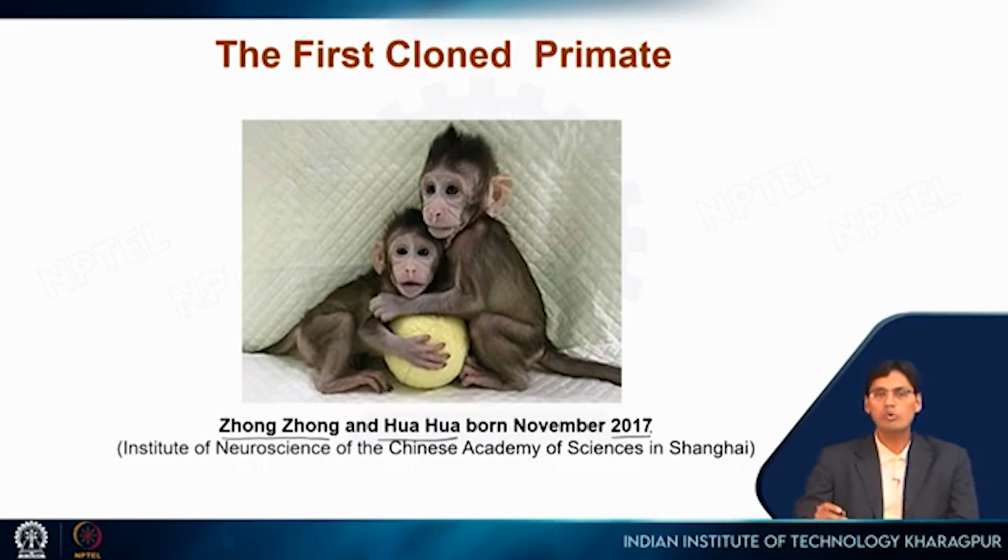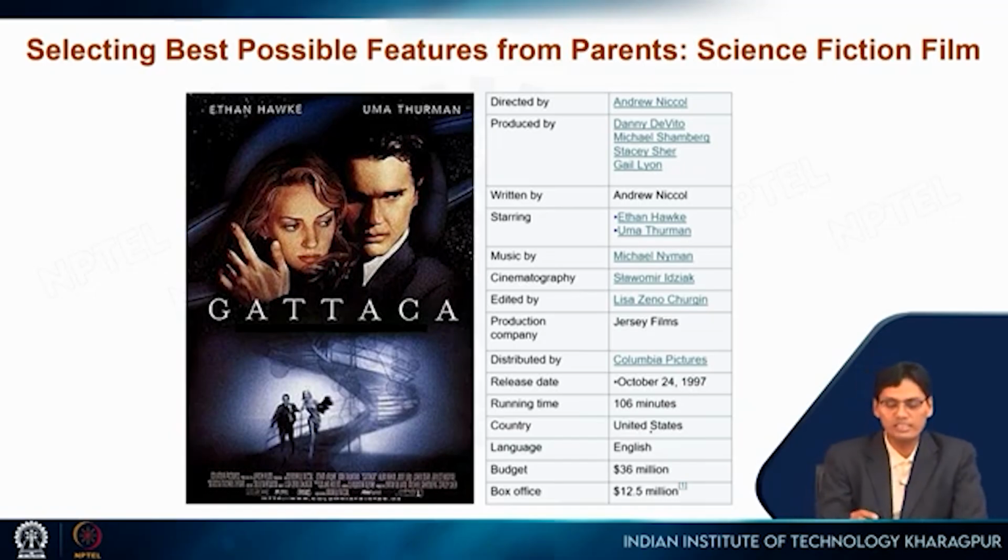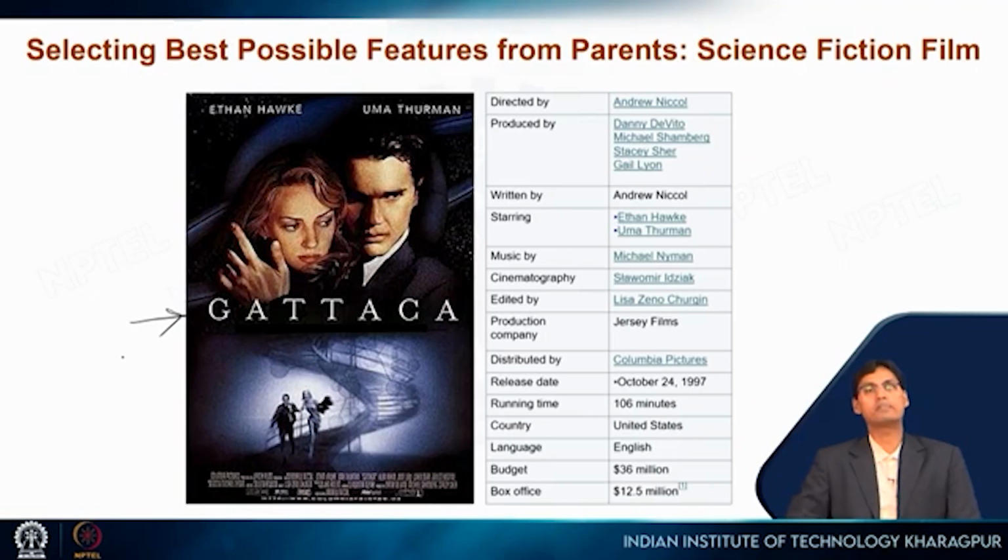Now we will go a little further into what is happening now. Here is another interesting fact. This is a Hollywood movie, and the name of the movie is Gattaca. There is no such word as Gattaca; it is nothing but a nucleotide sequence, ATGC, as all of you know.